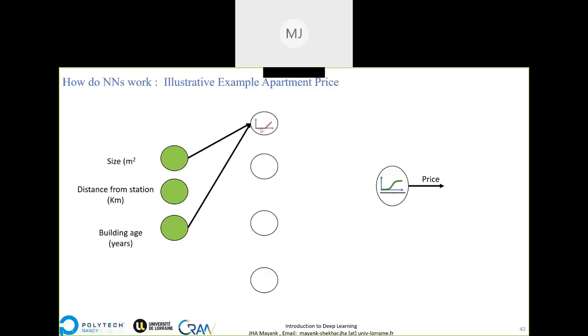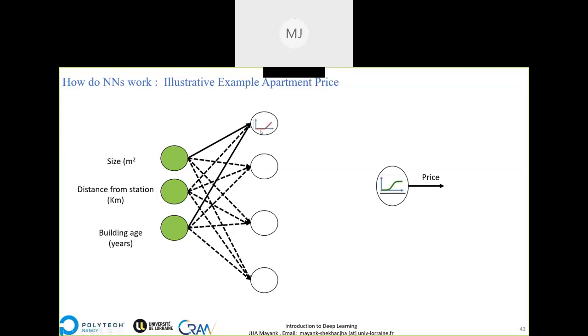Well, basically, these three inputs are connected to all the nodes. And let's say you have a certain price here, output, which is determined by, let's say, a combination of size and building age. So size may be large of the apartment, which is good, but the building age is also large, and that is not good. So let's say the first node is capturing that property.